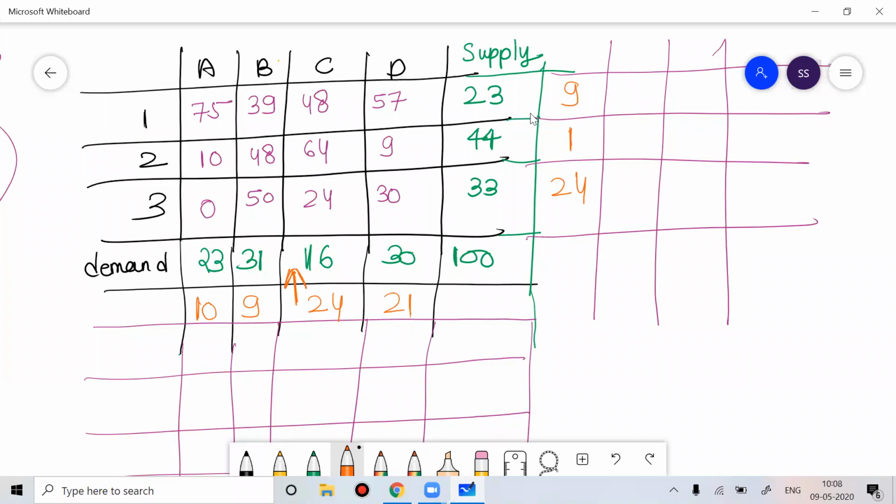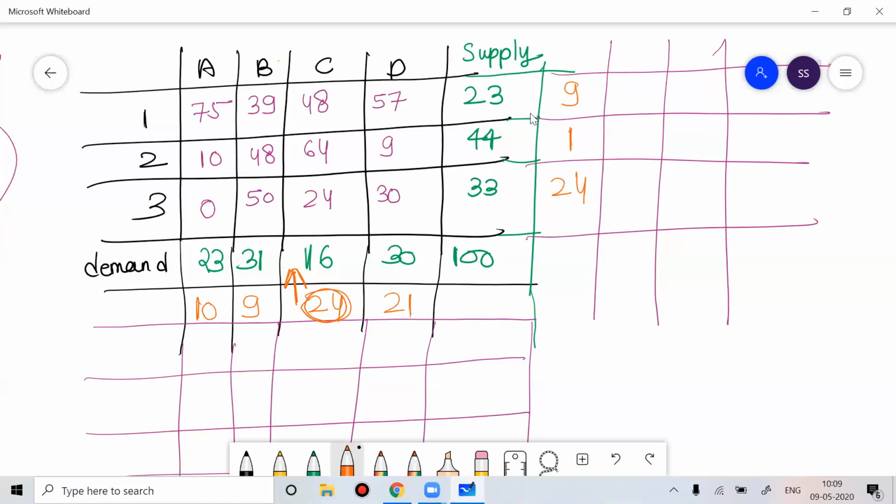So suppose I'm preferring the highest one, this. Now you find the lowest element in the given column. The lowest element in the given column is 24. It means you see the allocation: the demand for that is 16 and the supply is 33.